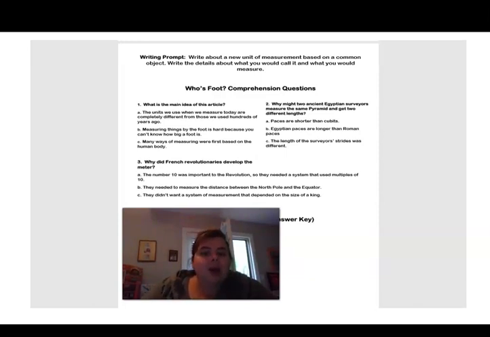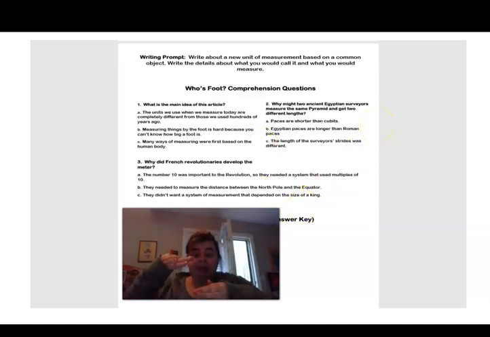Now, let's look at why might two ancient Egyptian surveyors measure the same pyramid and get two different lengths. So remember, a surveyor is someone who measures the land, and remember how ancient Egyptians decided to measure things using a cubit.